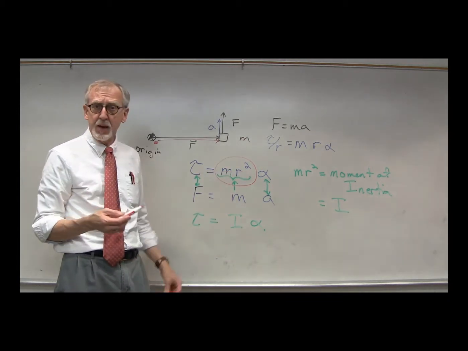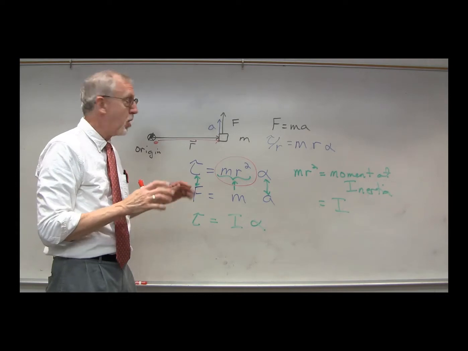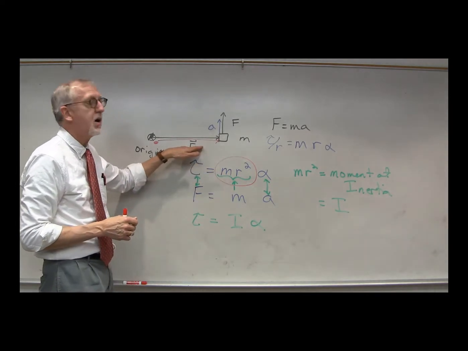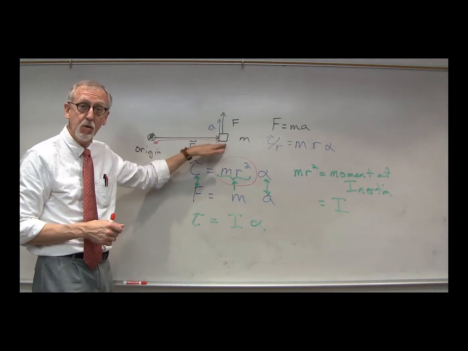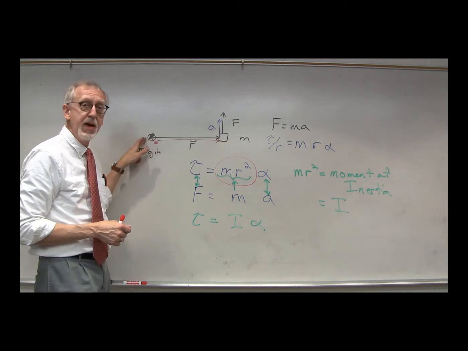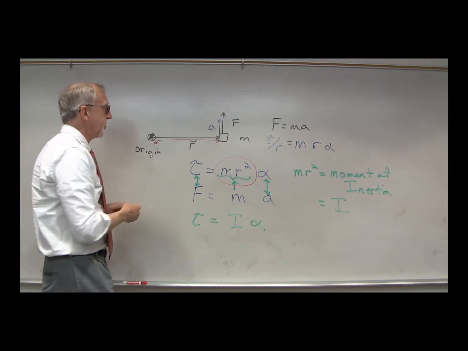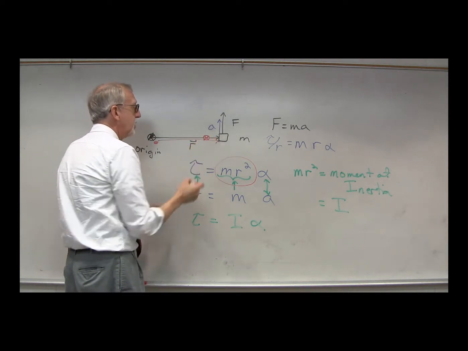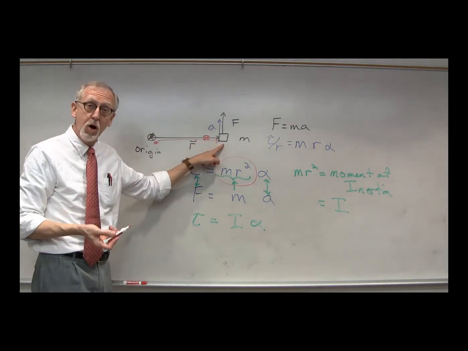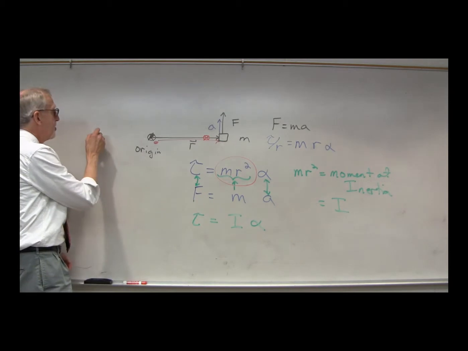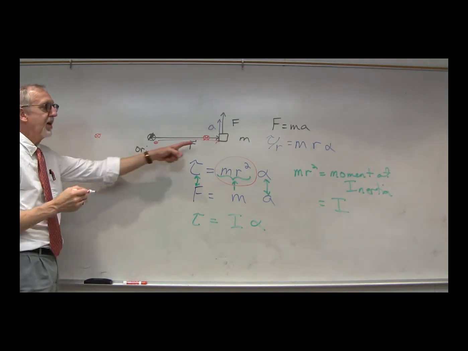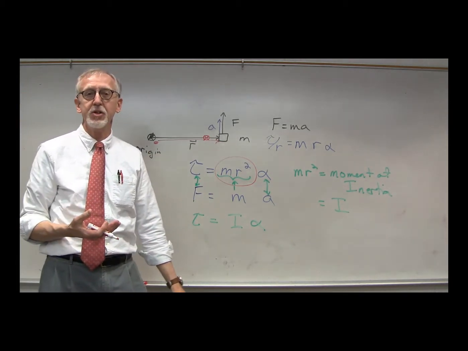Now, this brings up an interesting problem. The moment of inertia depends on the distance the object is from the origin. In other words, it depends on where we choose the origin. If I were to choose the origin over here, that object would have a smaller moment of inertia. If I chose the origin over here, that object would have a larger moment of inertia.